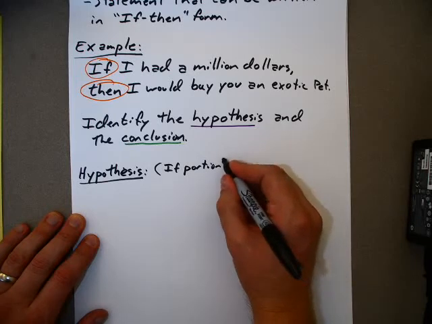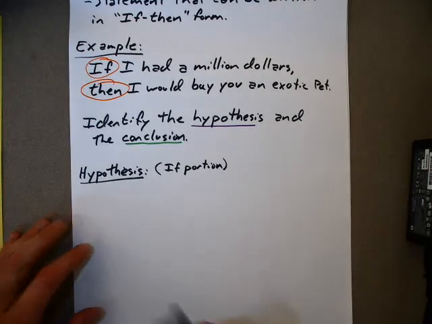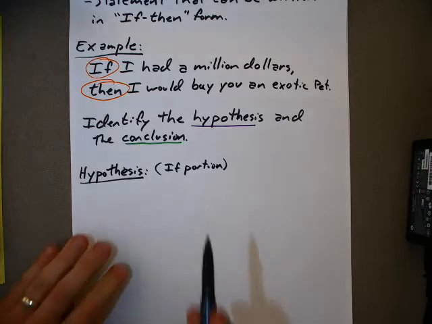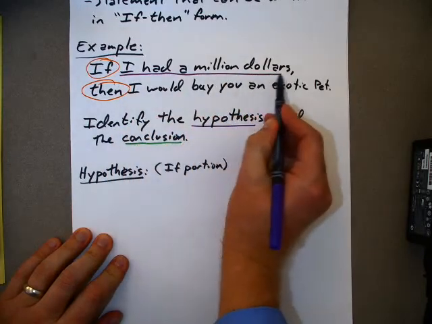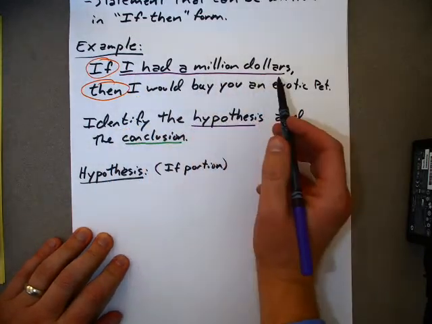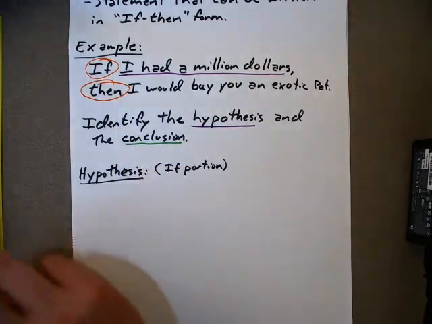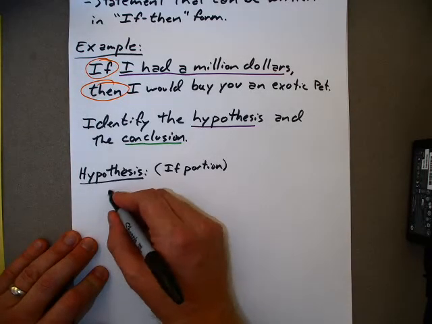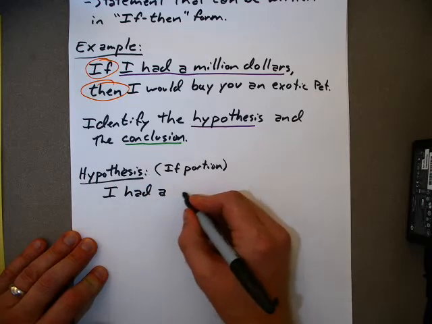And what we can do is we can underline the hypothesis. Now, notice I'm underlining I had $1,000,000. I am not underlining the if. The if is not part of the hypothesis. So if I was to write down what the hypothesis is, it is I had $1,000,000.